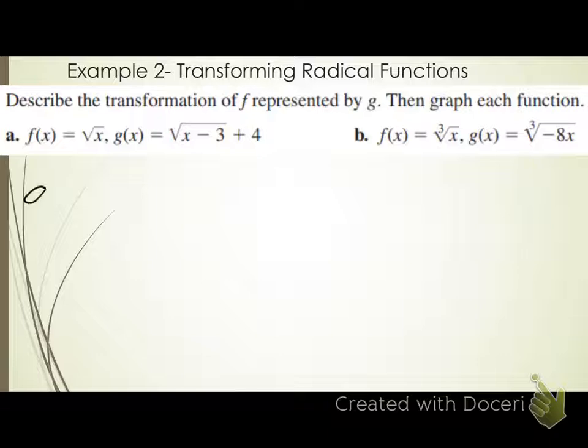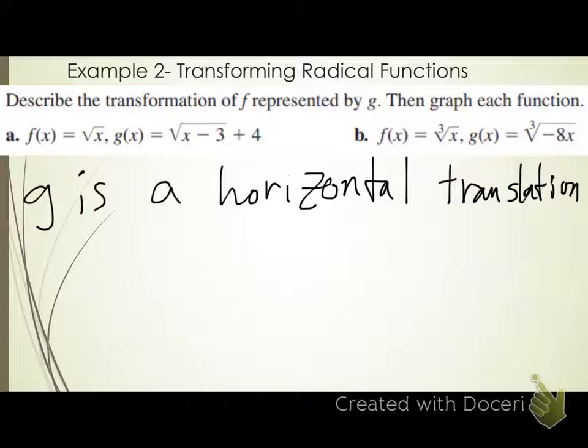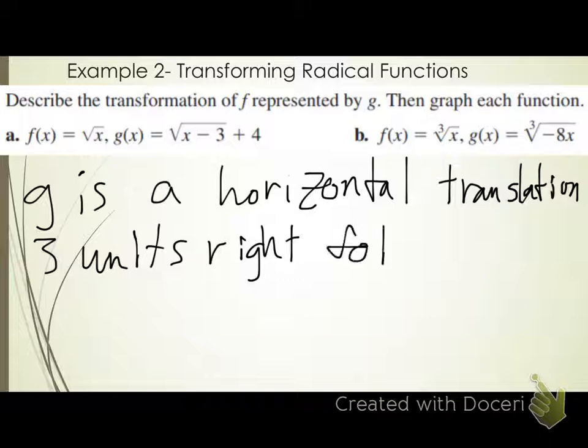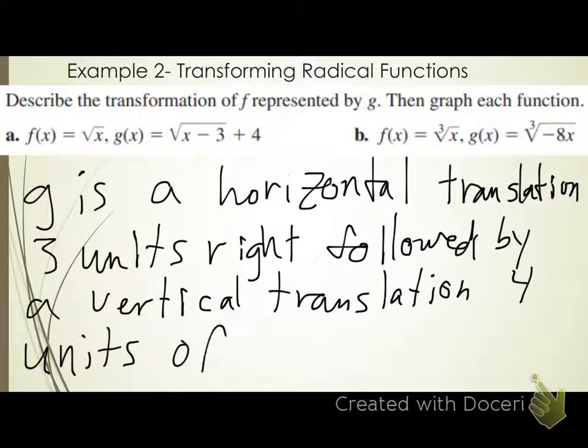So I could say g is a horizontal translation three units right, followed by a vertical translation four units up of the graph of f.